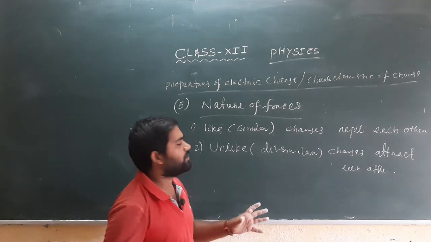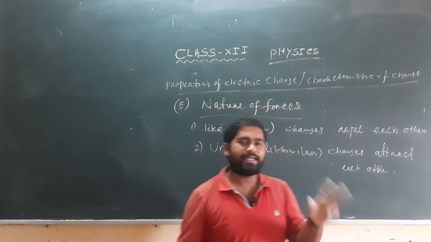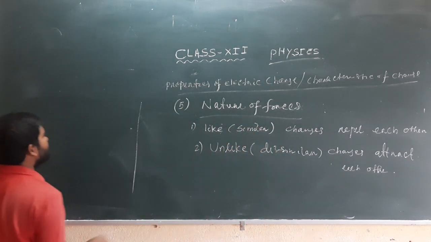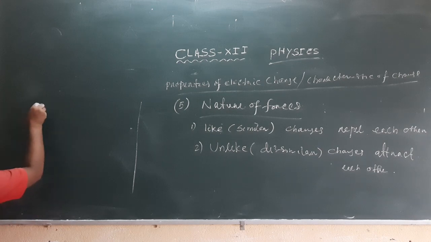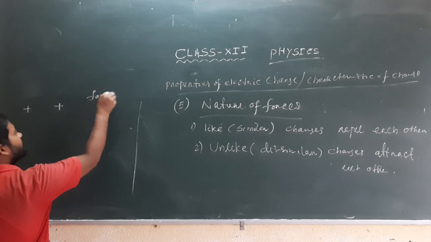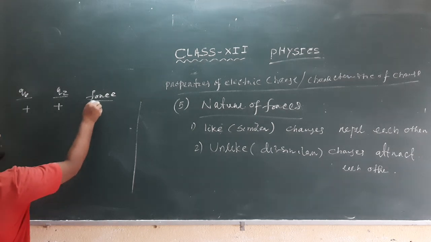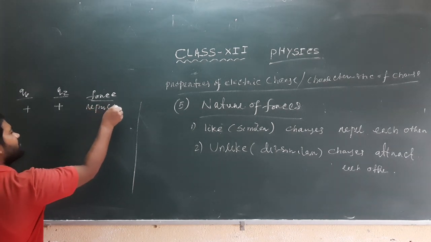That means the force between positive and positive is repulsive, and the force between negative and negative is repulsive. So here if we consider two different charges Q1 and Q2, with both positive, the force will be repulsive.